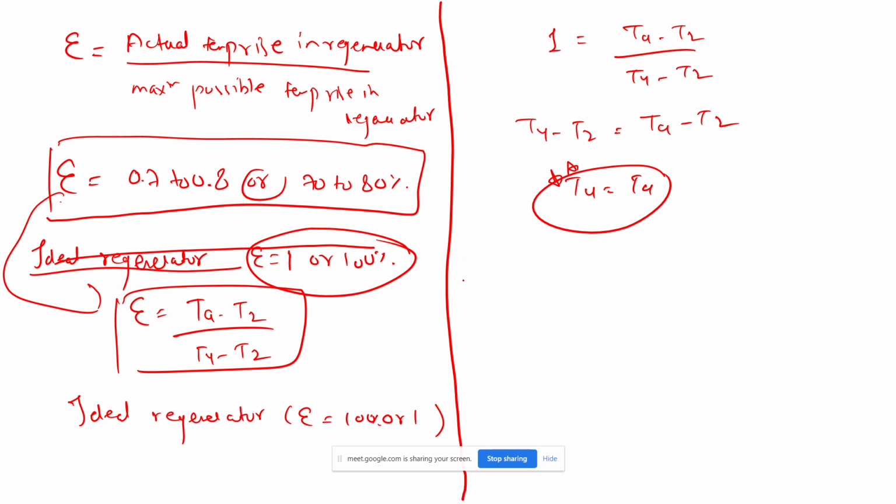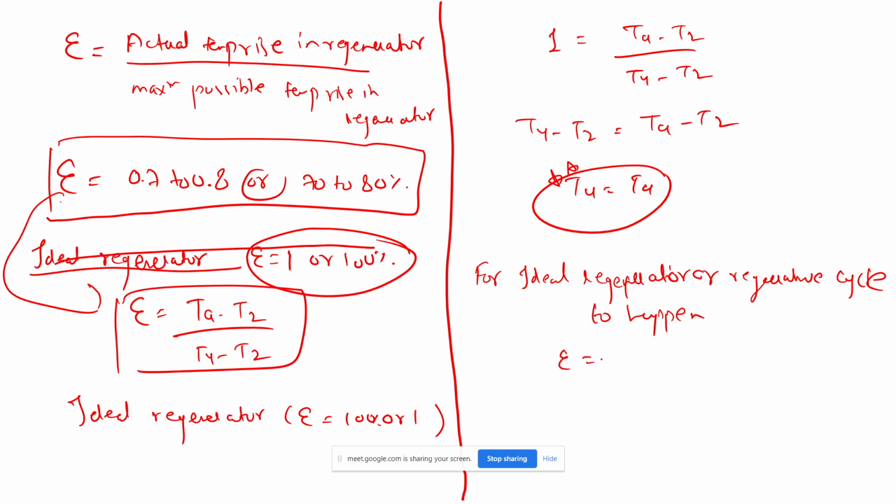For an ideal regenerator or regenerative cycle to happen, epsilon should be 1, T4 should be equal to Ta.